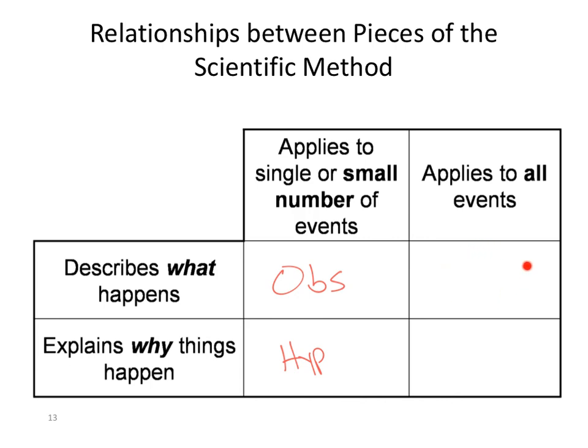And then when I go here, right, it applies to all events, but it tells me what happens. These are my big whats. Those are my laws. And then my big whys, my explanations, those are my theories. And so I really like this chart because it sort of simply summarizes and organizes what these different pieces of the scientific method are and how they relate to one another.